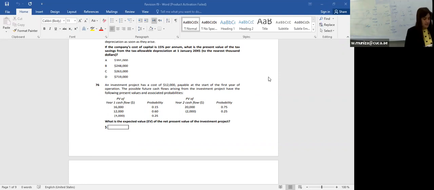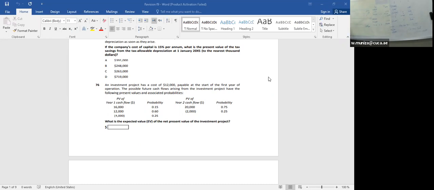An investment project has the cost of $12,000 payable at the start of the first year of the operation. The possible future cash flows arising from the investment project have the following present values and associated probabilities. So now, Angelika, as the cash flows are already converted into the present values, we do not need to convert them by ourselves. We are only going to calculate the expected values.